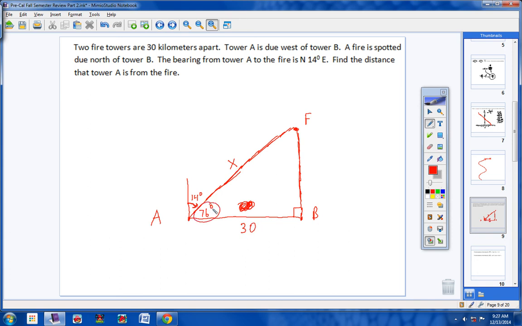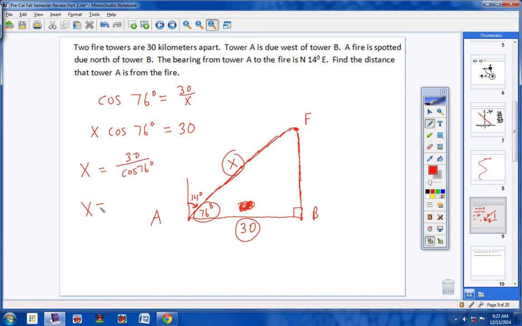So students, we're trying to find X. We have an angle, we have a side, and we have an unknown side. Based on this angle, this is my adjacent, this is my hypotenuse. So cosine deals with adjacent and hypotenuse. So cosine of 76 equals adjacent over hypotenuse. Multiply both sides by X to get rid of your fraction. And then to get X by itself, divide both sides by cosine of 76.